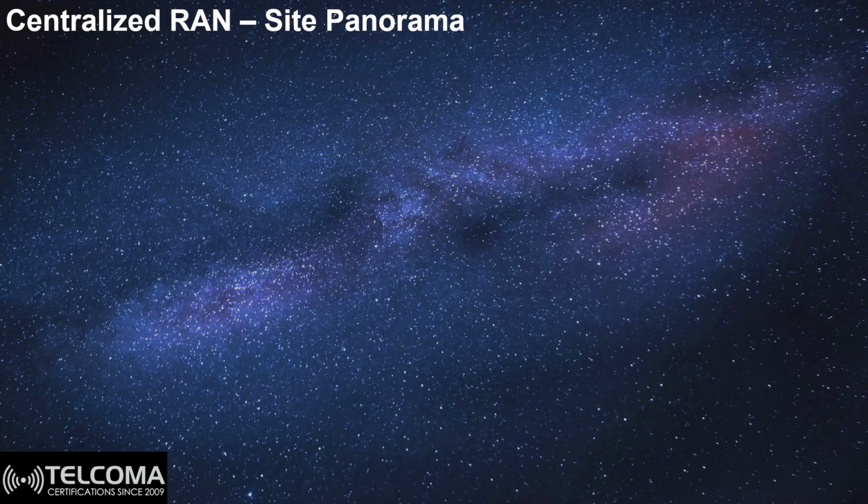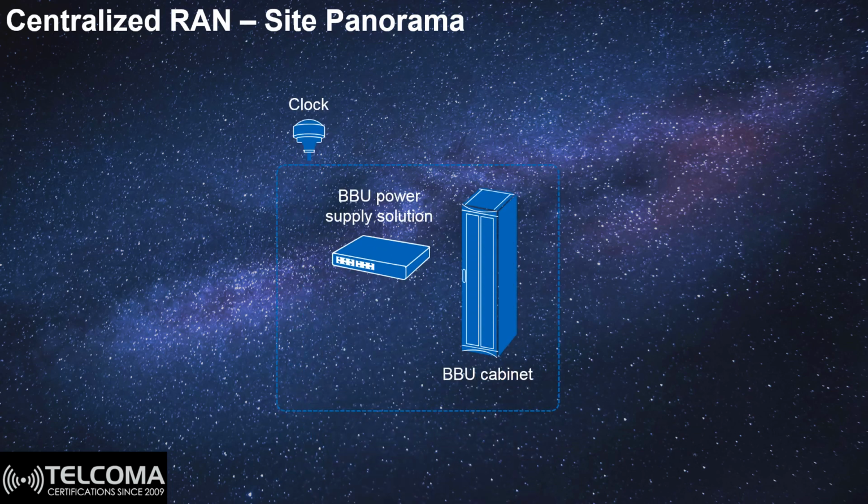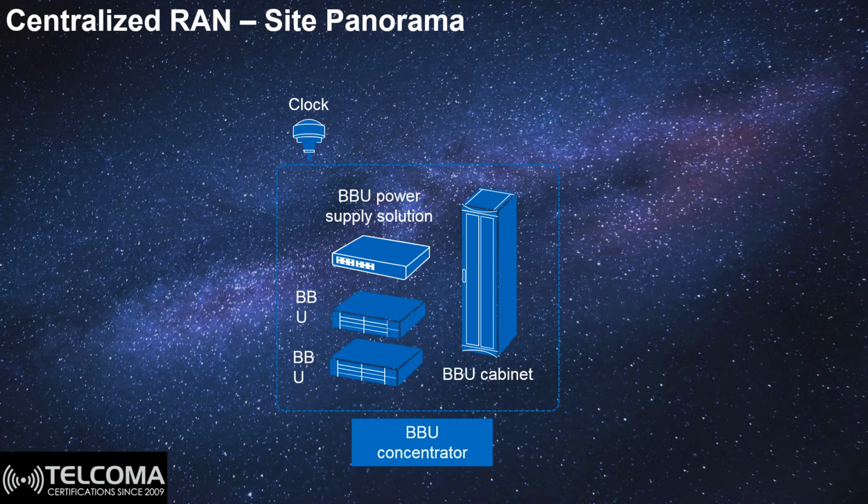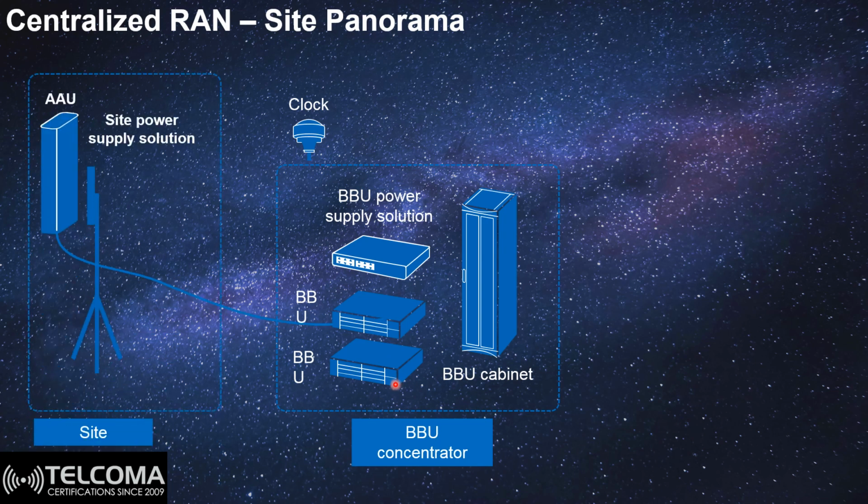So the centralized RAN has the same equipment, but it consists of two parts. One is what we call the BBU concentrator or the BBU hub site. In this solution, we will have a hub site that can have many BBU baseband units, and from there connecting to different AAU sites.